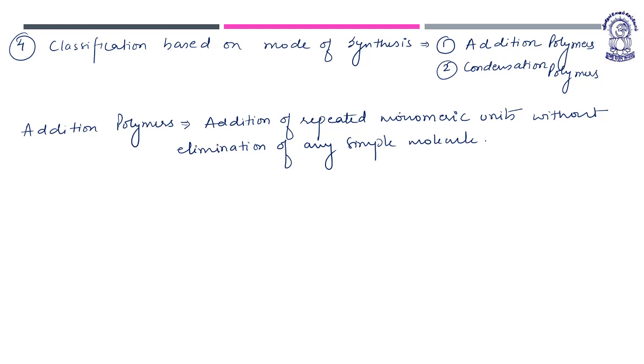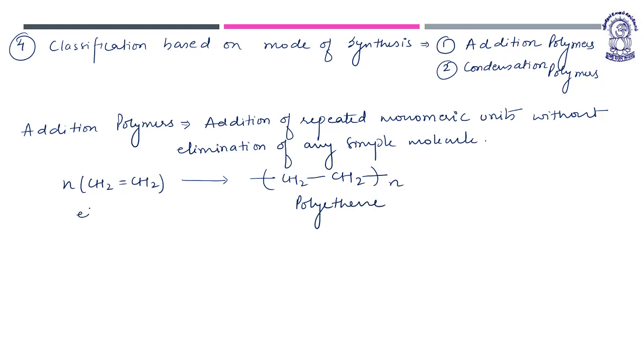For example, when they are polymerized, this is polythene. This is the addition polymer.